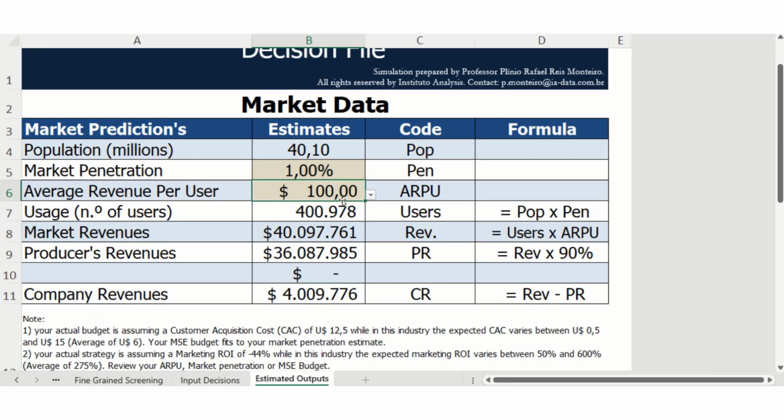So 1% of 40 million will give me 400 thousand users in Canada, and multiplying by 100, this will be my revenue in the market. This is the amount of money that basically I need to pay to the producers because they receive 90% of the sales. I just receive 10% of them, and then my company revenues will be $400 thousand in Canada.